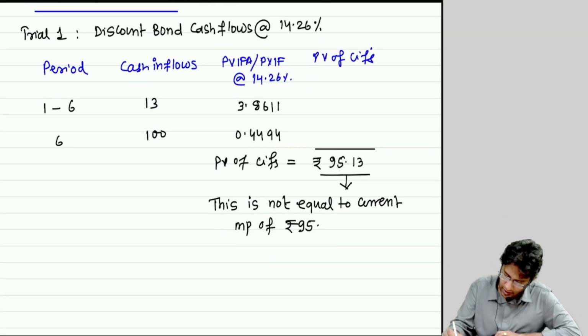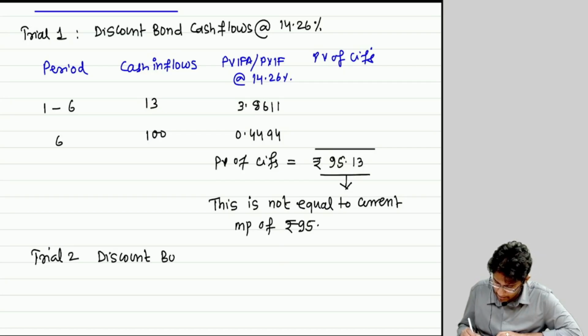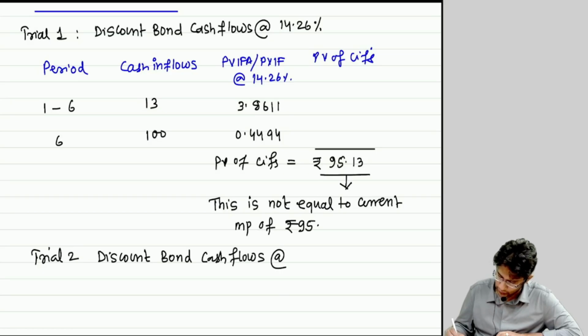So let's try at some other rate. Discount bond cash flows at 14.5%. I'm trying.